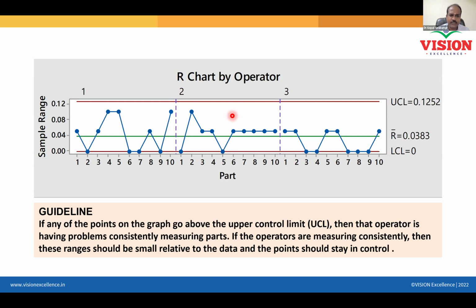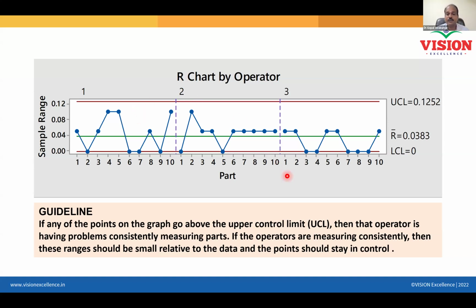Because you see the range of 1 is moving away from the center line. And who is extremely consistent, 1 or 2 or 3? I mean, who is more repeatable? The less repeatable, you found out, is 1. And who is more repeatable? 2. So who is good and who is not good?